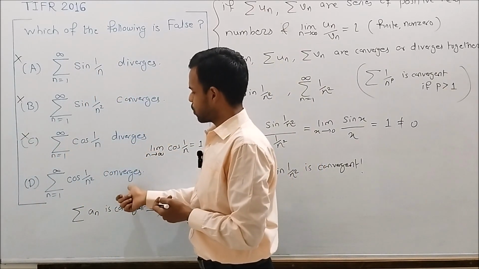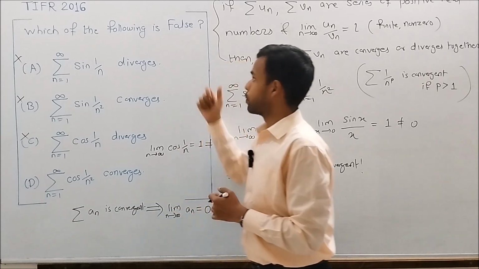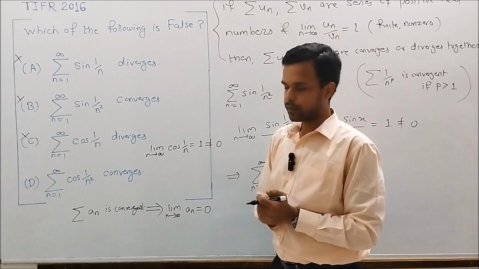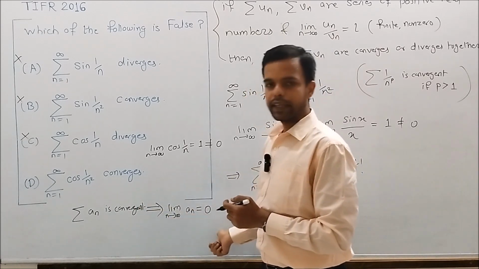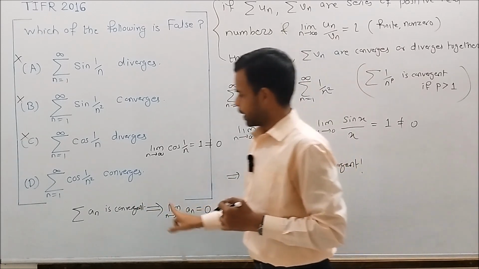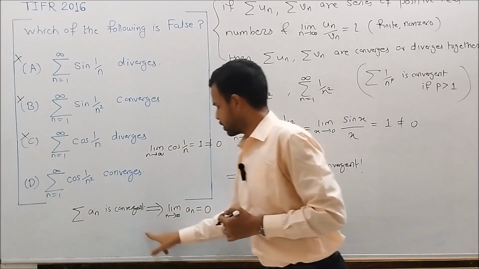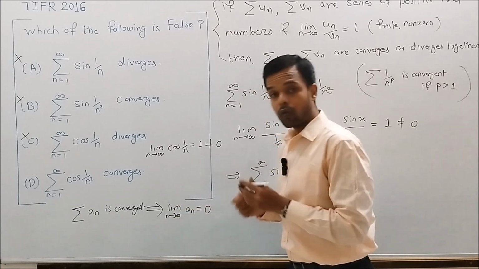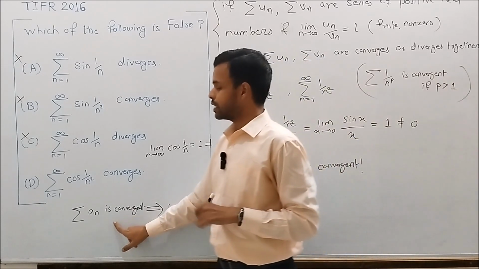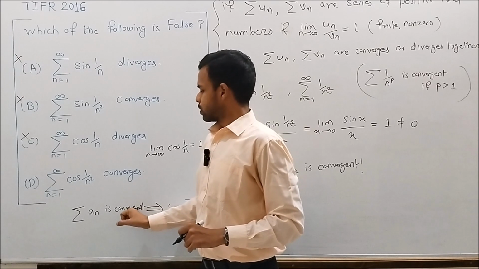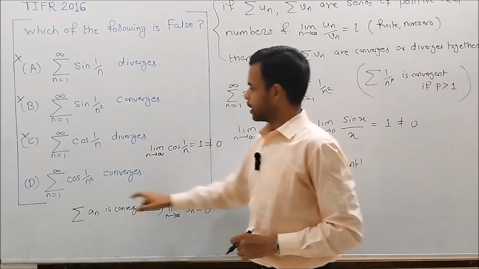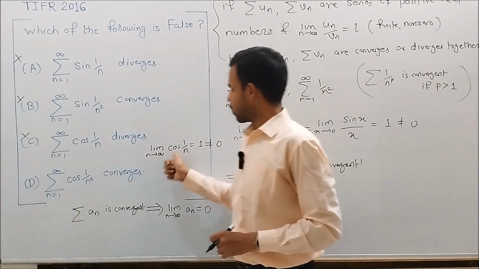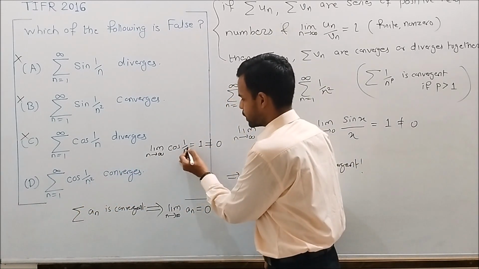What remains is option D, which is the answer to this question. Let's verify this. Again, we will use the necessary condition for the convergence of a series. If the series is convergent, then the limit must equal 0. Let's consider the limit as n tends to infinity of an, that is cos of 1 upon n square.